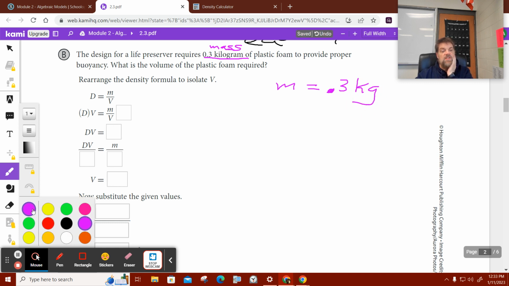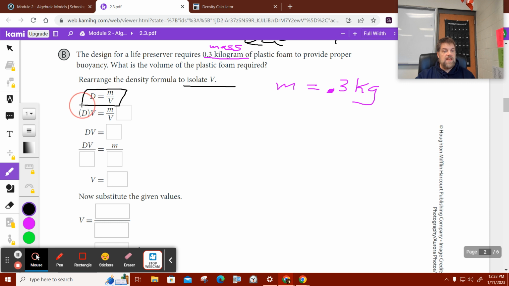Well, they give us a little clue. They said, hey, if you want to solve this thing, isolate the V. So we start with our original equation, and we want to get the V by itself. In order to do that, the first step, this is a little tricky, I need to move the V out from the bottom of the denominator.